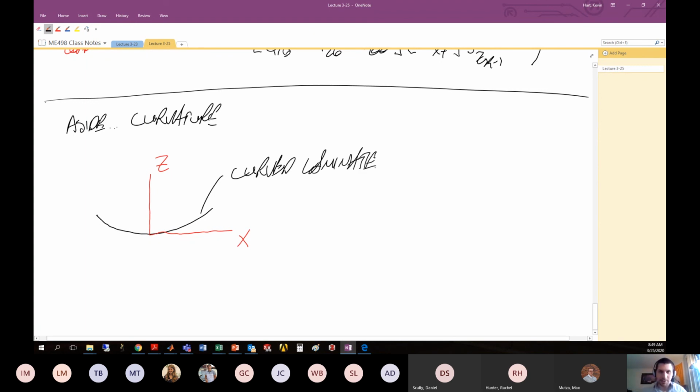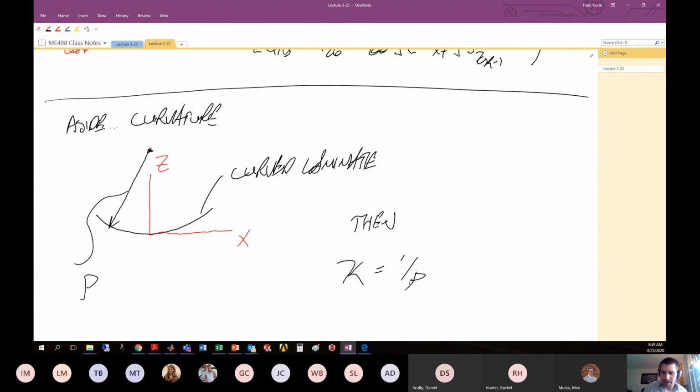This is obviously like kind of a gross representation of what it is. But here, this laminate has curvature, and you can assume that the curvature it takes on is sort of the arc length of what would be a circle. Okay, so maybe that points back to some location up here. And this has a certain radius to it. Typically, we would denote the radius of this curvature as rho. That is the Greek letter rho. So then, kappa, this curvature, is 1 on rho. Okay? How's that, Max? Did that answer your question?